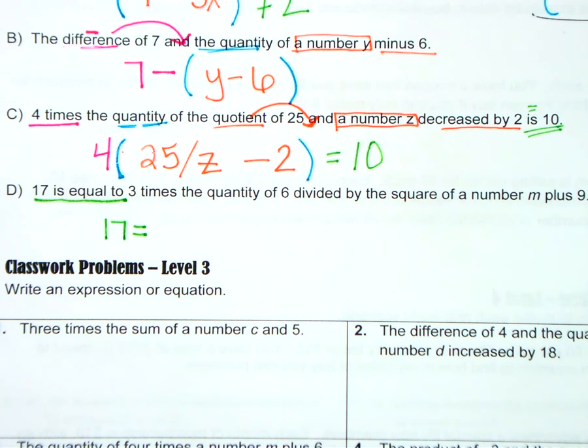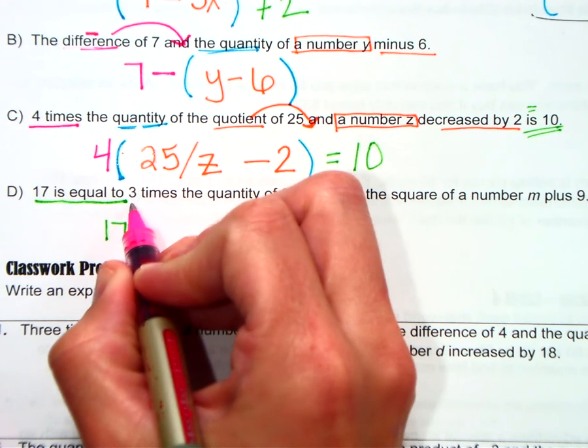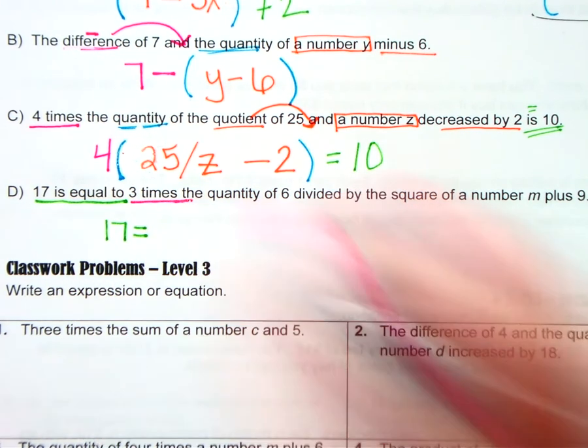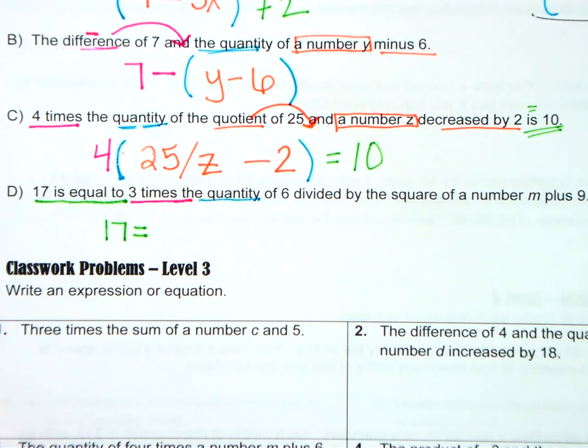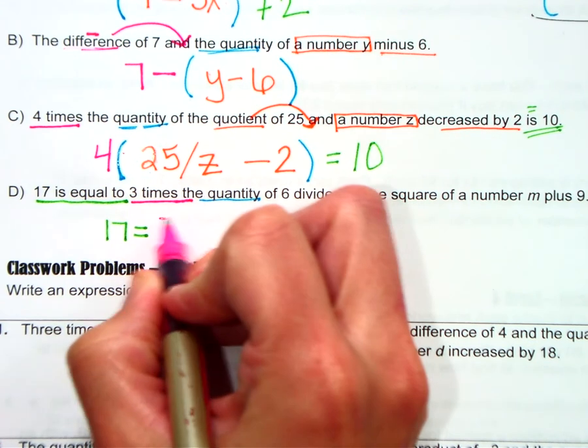And you might have gotten stuck, and that's okay. But hopefully, this is what you read: 3 times the quantity, and you did this.